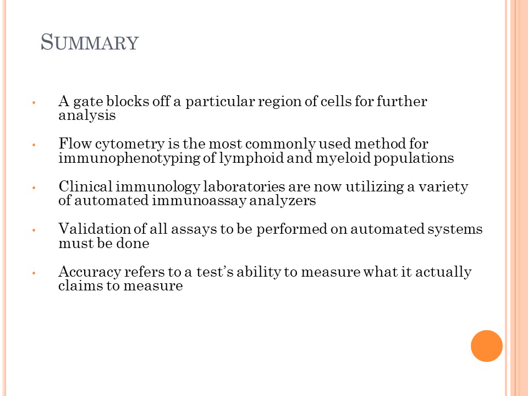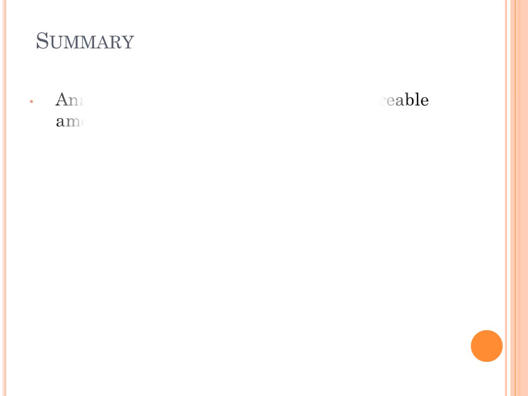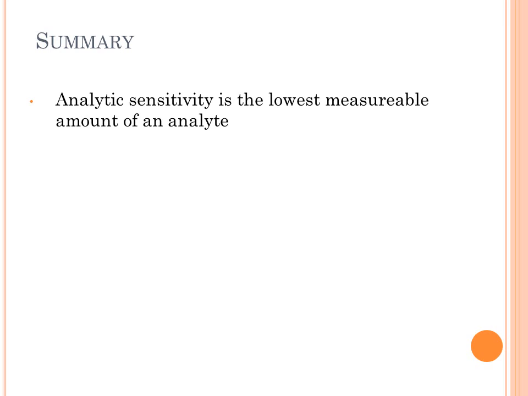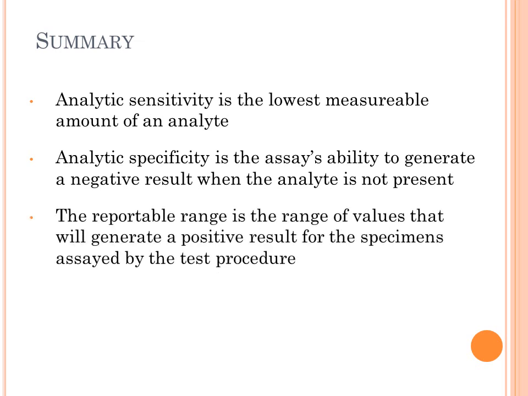Accuracy refers to a test's ability to measure what it actually claims to measure. Precision is the ability to consistently reproduce the same result on a given sample. Analytic sensitivity is the lowest measurable amount of an analyte. Analytic specificity is the assay's ability to generate a negative result when the analyte is absent.